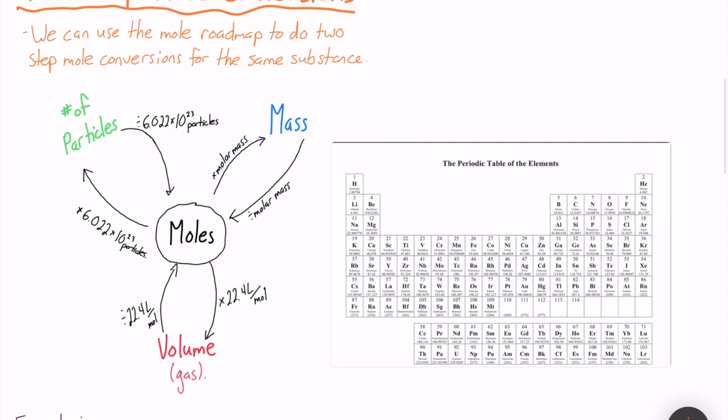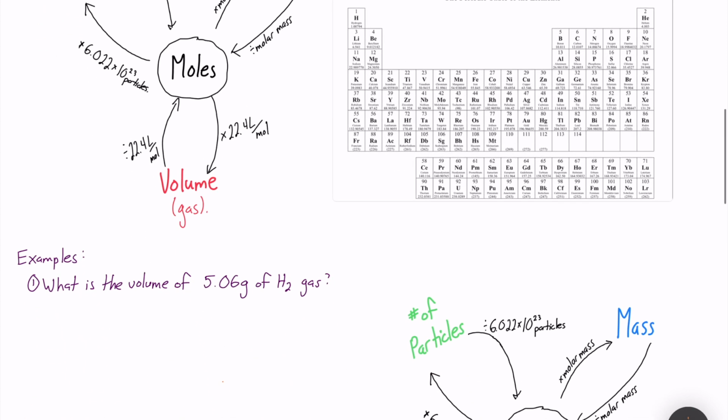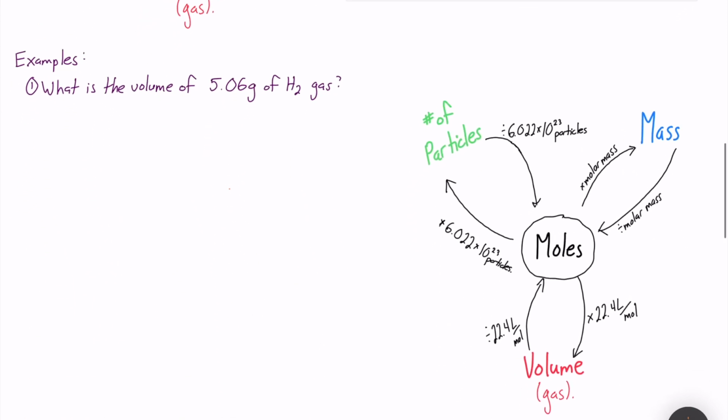So the tools that we're going to be using today, again, that moles roadmap. And if you have taken a look at my molar mass video, you will also know we need the periodic table. So let's take a look at the first example here.